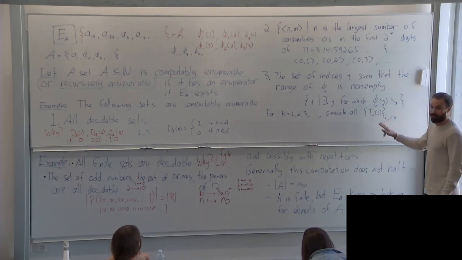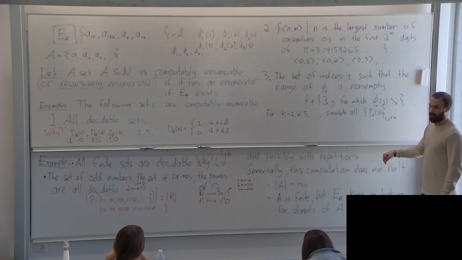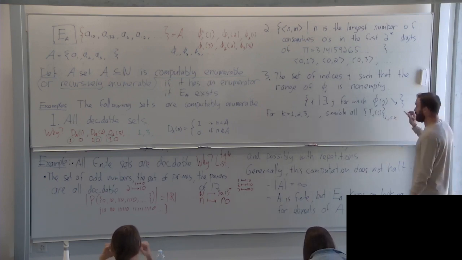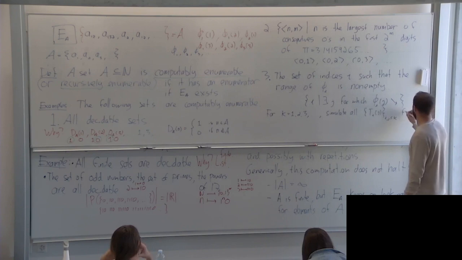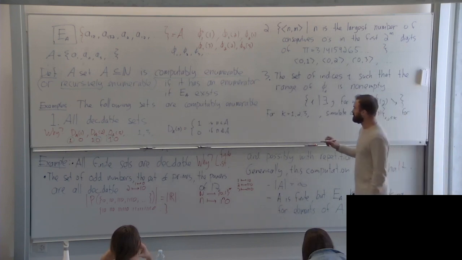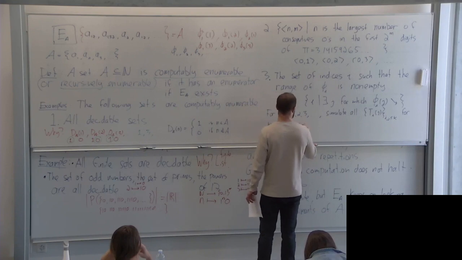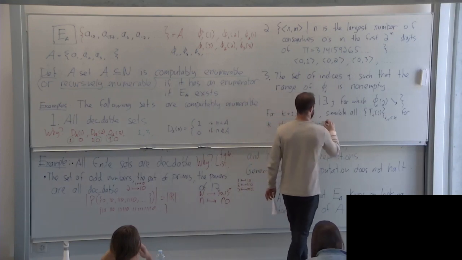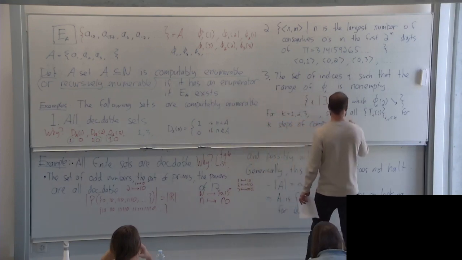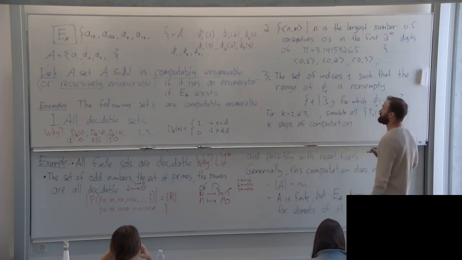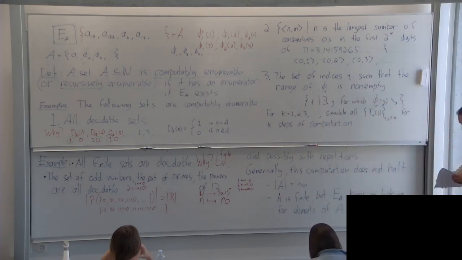And I'm not going to simulate them completely, otherwise I might get stuck in a hole, namely a non-halting computation. So I'm going to simulate them for k steps of computation.